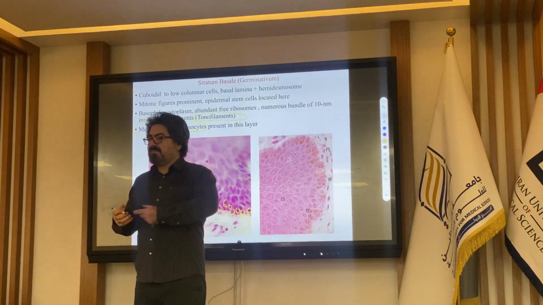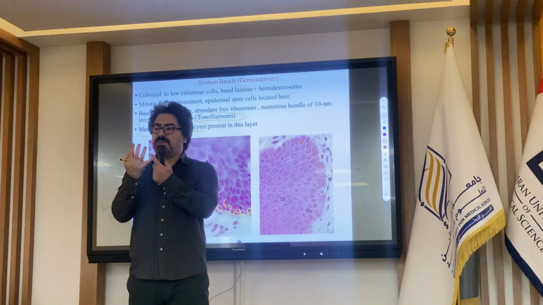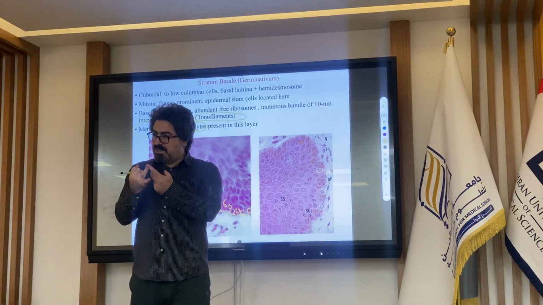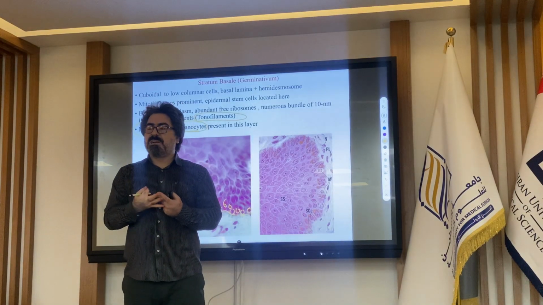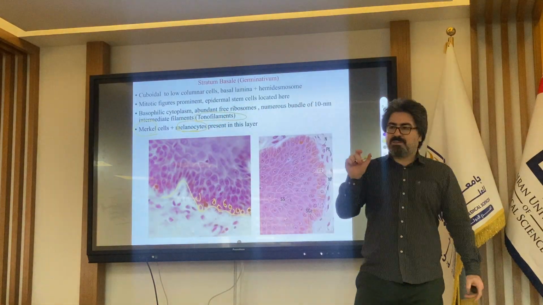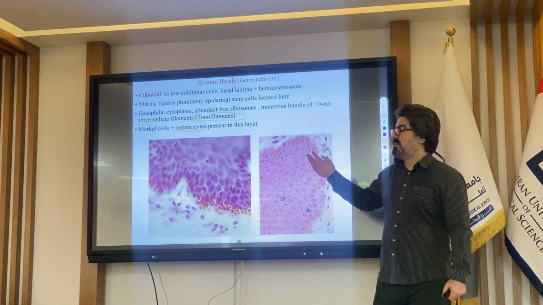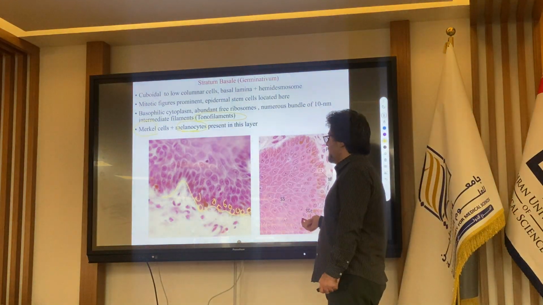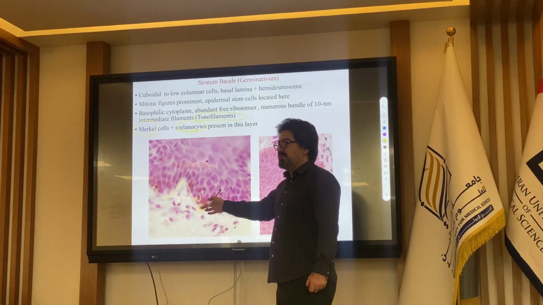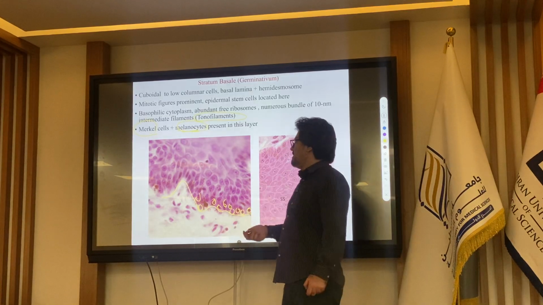So which cells in general can be found in the first layer, basal layer? Mostly keratinocytes, and second, melanocytes and Merkel cells. These three types can be found in the first layer. But the most abundant cell in the first layer is keratinocyte. Any question? And the cells are attached to each other by which type of junction? Desmosome.